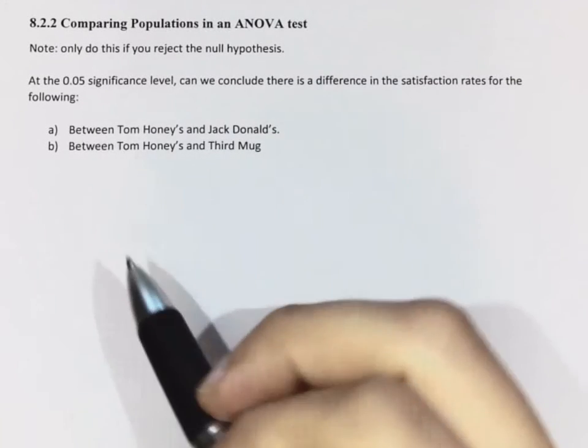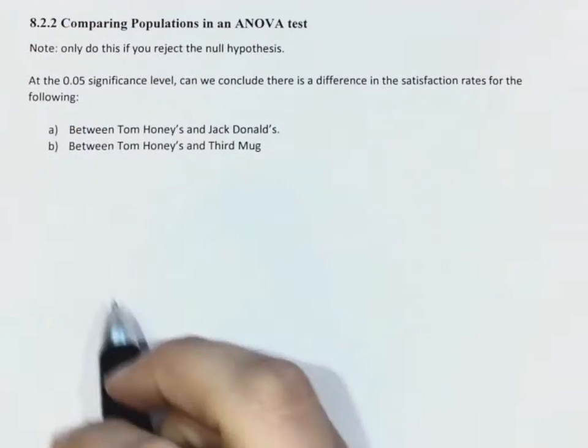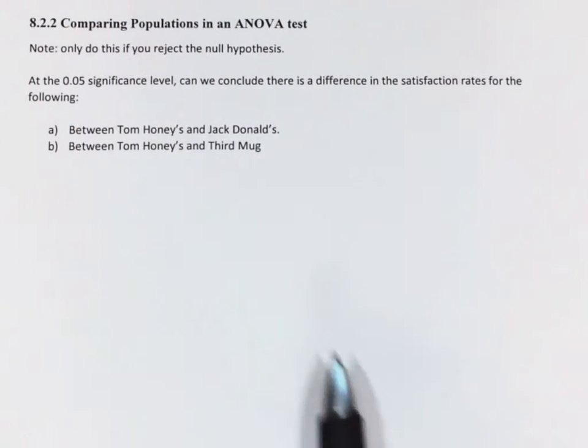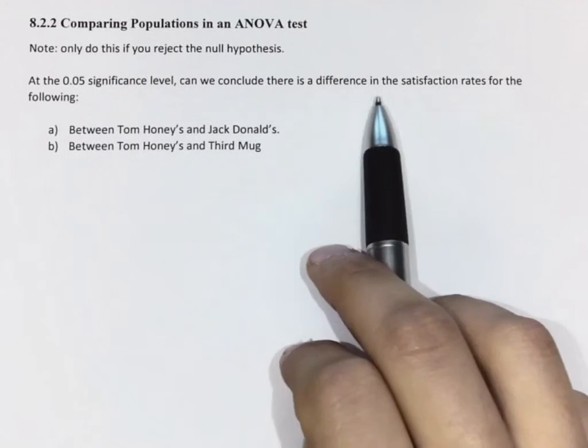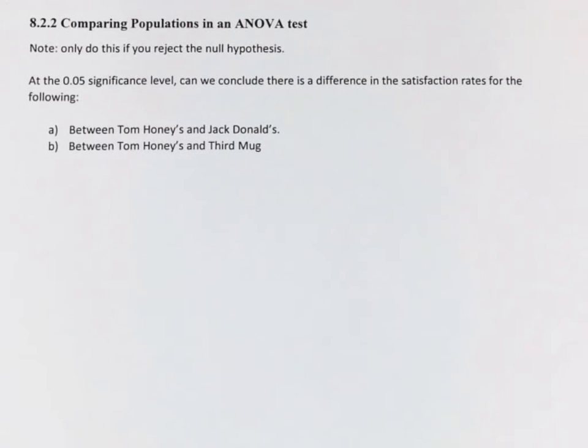So now for section A here, we can compare Tom Honey's to Jack Donald's. Using a 5% significance level, let's conclude if there's a difference in the satisfaction rates. We're going to use the following formula.